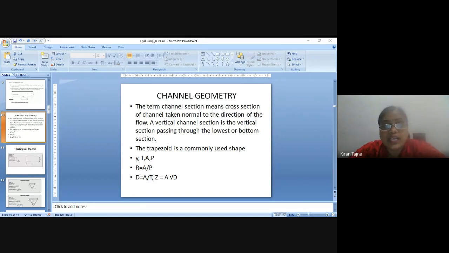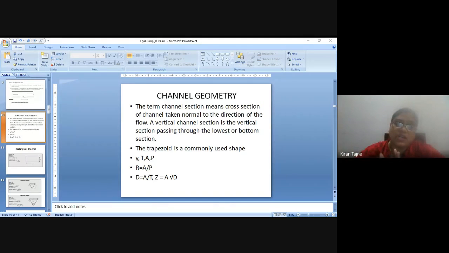The vertical channel section is the vertical section passing through the lowest or bottom point. Natural channel sections are in general very irregular in shape, whereas artificial channels such as prismatic channels are designed with sections of regular geometric shape. Throughout the length, you will find the same shape.